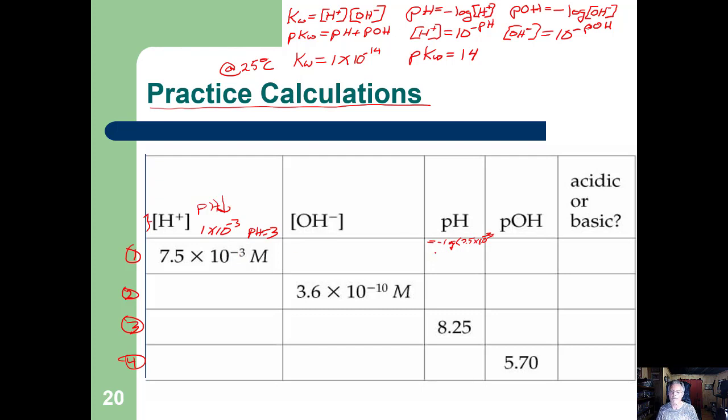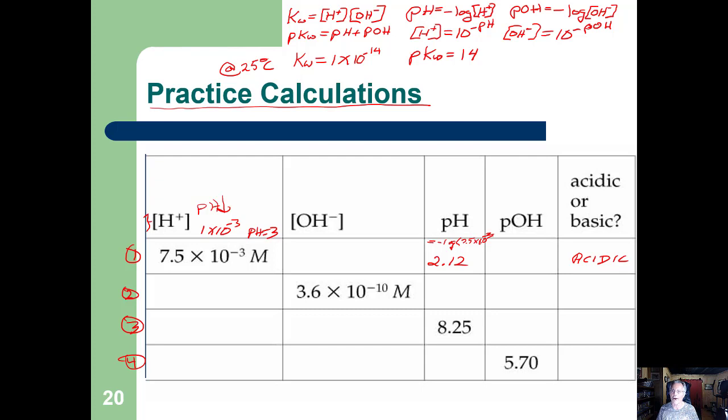When we plug the negative log of 7.5 times 10 to the minus 3 in the calculator, I wind up with a pH of 2.12. Since the pH is less than 7, I can say this is an acidic solution. I don't need any other information to make that prediction.